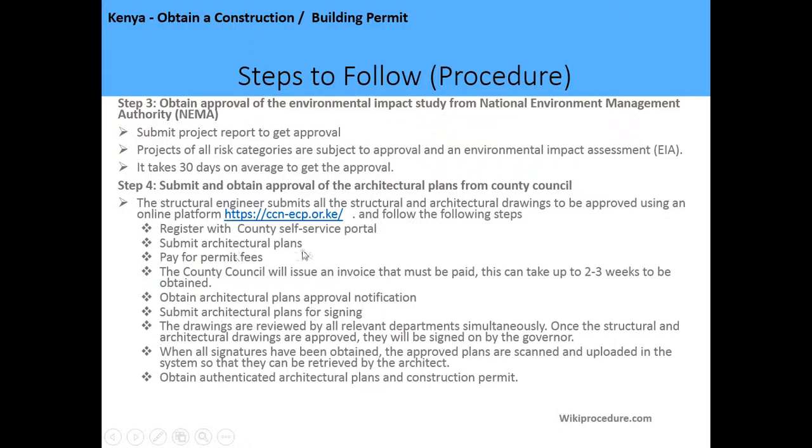The drawings will be reviewed by the county council, by relevant departments in the county council simultaneously, and once the architectural drawings are approved, they will be signed by the governor. When all signatures have been obtained, the approved plans will be scanned and uploaded in the system, so they can be retrieved by the architect. And after they have been uploaded, your final step will be obtaining the authenticated architectural and construction permits.